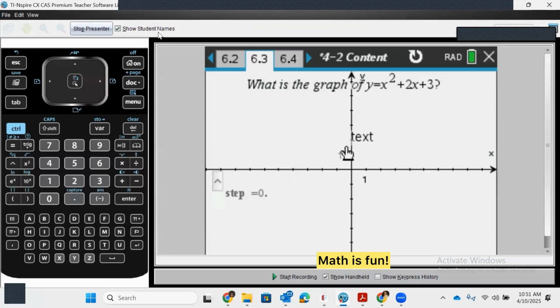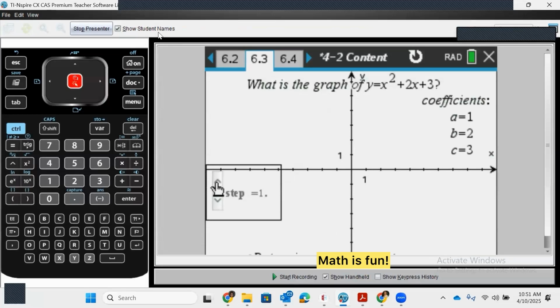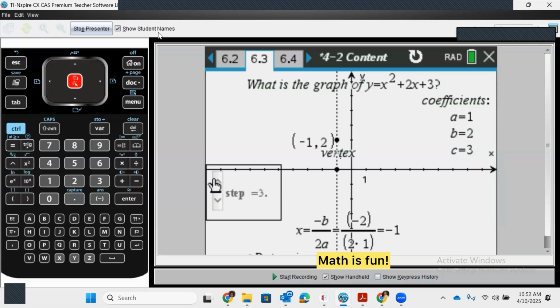So click escape. Now come over here to that. All right, so we did that. Go ahead, click again. We found a vertex, yeah? So is our vertex correct?